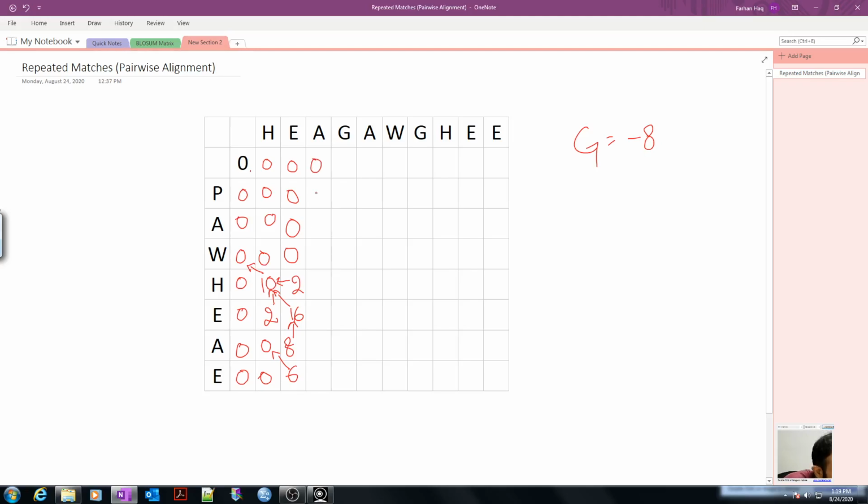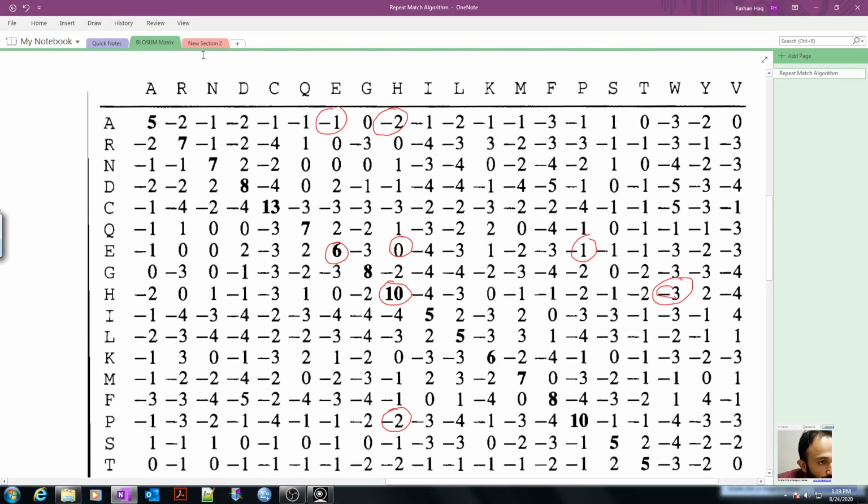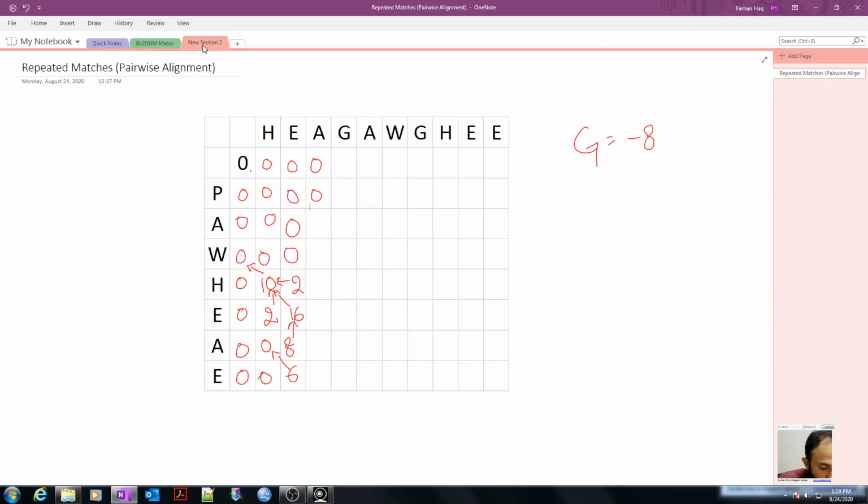A, P and A would be negative, so again we will add a 0 here. Then A and A is the positive value, A plus A, that is 5, right? So here A plus A is 5, so we will add up 0 plus 5, that is 5.